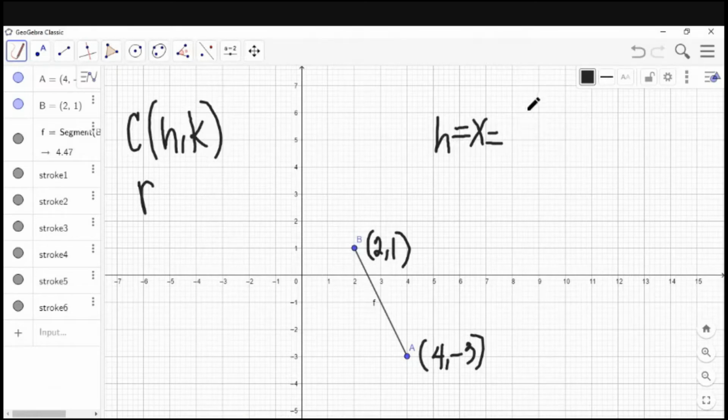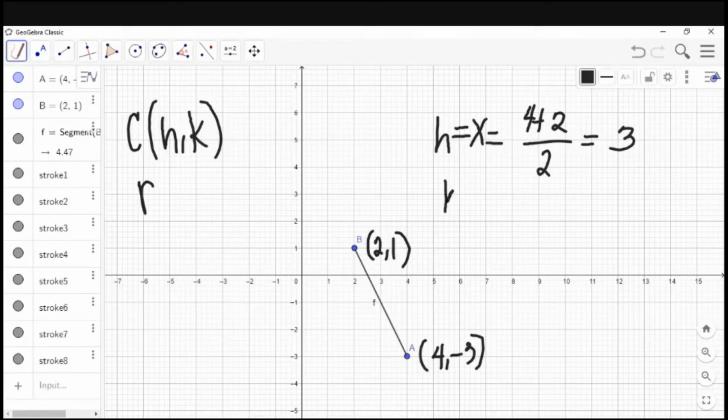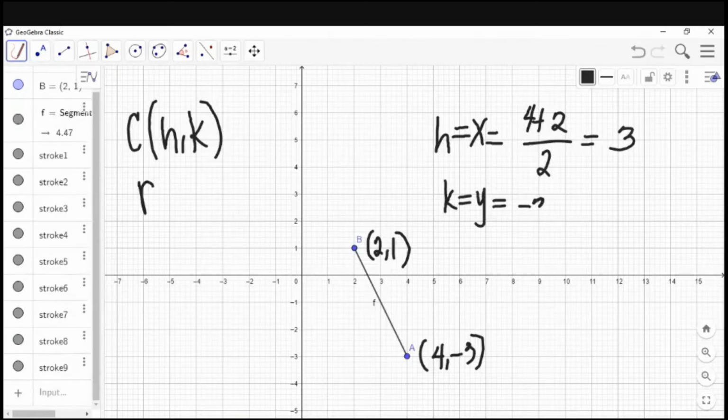So we will have here 4 plus 2 divided by 2, which is 3 for the x coordinate or the value of h, and for k, or the y coordinate, which is the average of the y coordinates of A and B, which is negative 3 and 1, divided by 2 equals negative 1.